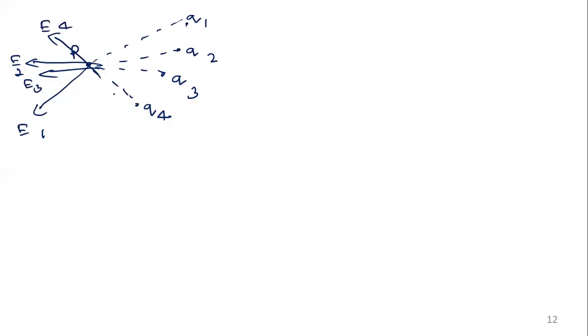How to find out the electric field at a particular point P due to all other charges? We need to find out the net electric field. You know that E1 will be equal to F1 by Q1, similarly E2 will be equal to F2 by Q2, and E4 will be equal to F4 by Q4. Individually there will be electric field intensity. So what will be the net electric field?